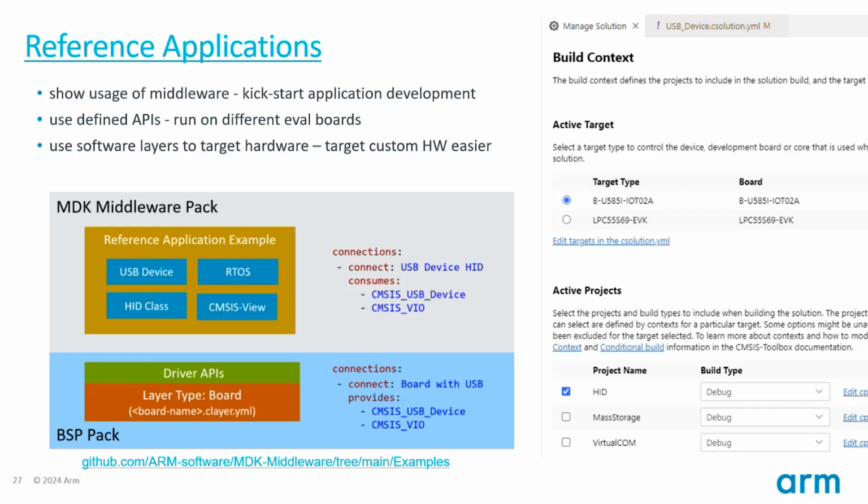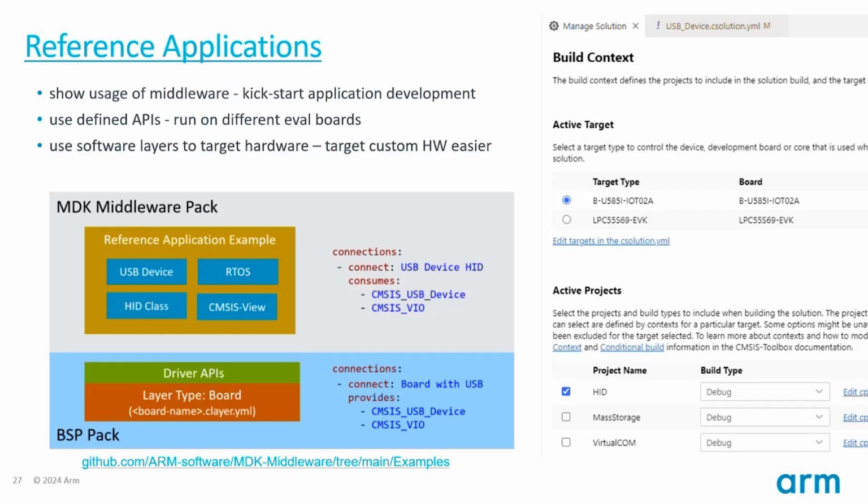It has also this connections entry in the layer, and it tells what kind of interface it consumes. So it consumes a USB device, for example, or a VIO. And with these connections, consumes and provides, you can make easily connections between a middleware, or let's call it a piece of software, and a board support pack or board support layer.